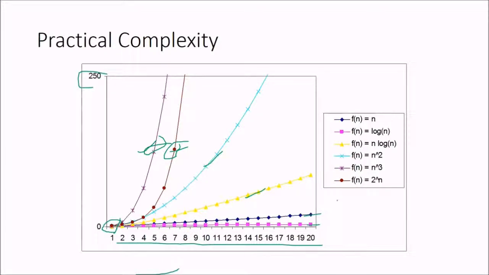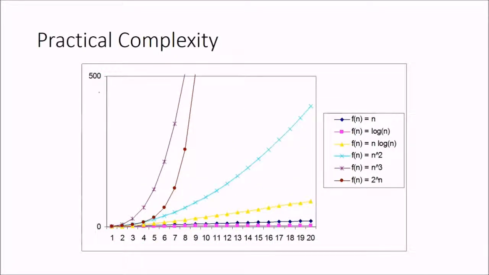But as the value increases, we see that log n is quite good. It has not changed much, while 2 to the power n is doing some serious damage to the complexity. As we go to 500 values, this was for 250 and this is for 500.